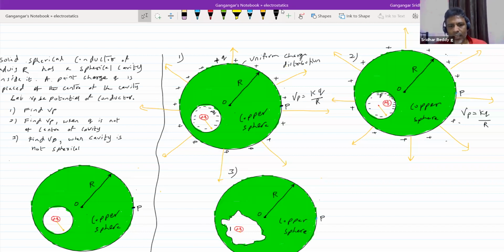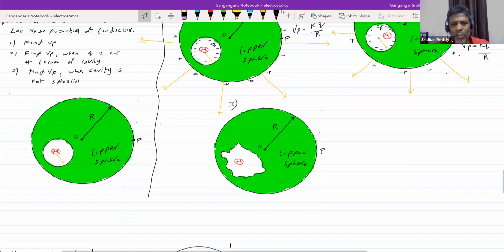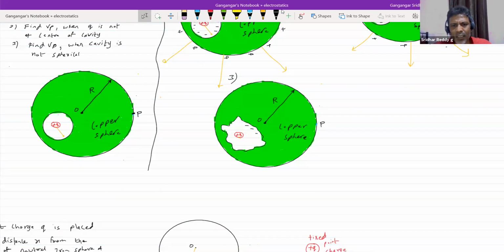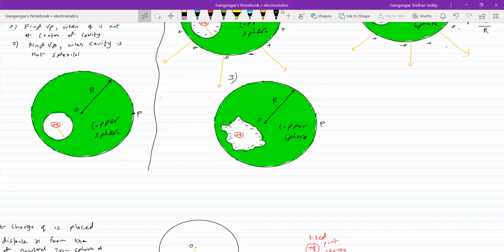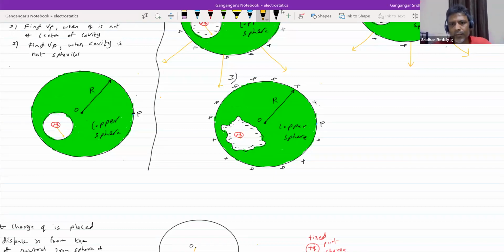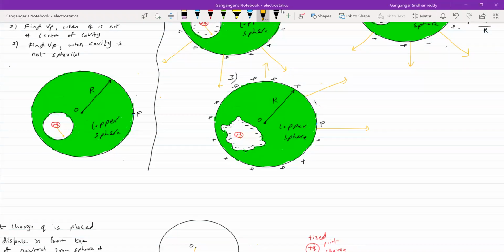What about the charge distribution? Definitely it will be non-uniform. You can see the cavity. Here I'll show more. And again, on the outer surface it will be uniform. So the field lines are similar to a conducting sphere.